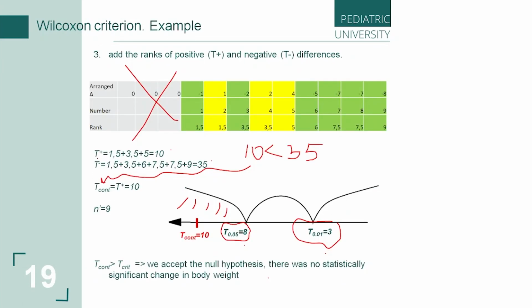So we can conclude that there was no statistically significant change in body weight. I think you ask me why, what happened, because people had a 6-month diet recommendation. The reasons for this are no longer clear to us.